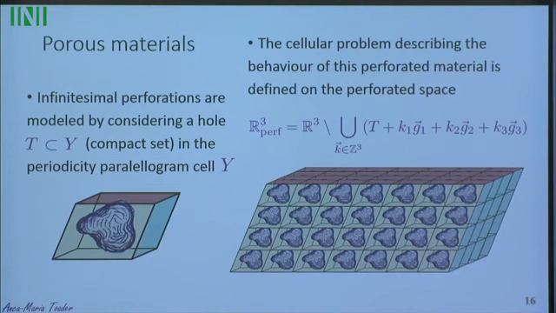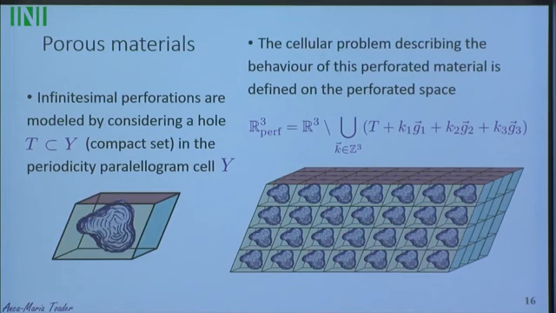About porous materials, let's see the way we shall put mathematically the problem here. We shall consider infinitesimal perforations modeled by considering holes as compact sets included in the periodicity parallelogram cell.